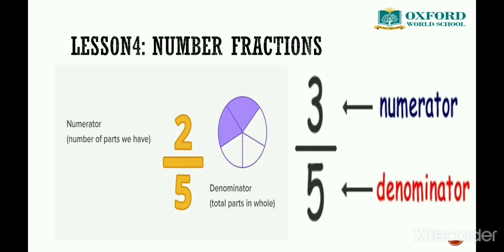So basically, whenever you write a fraction, a fraction is represented by writing two numbers. Do you all agree? Yes, a fraction is represented by writing two numbers, one below the other, as you can see here.